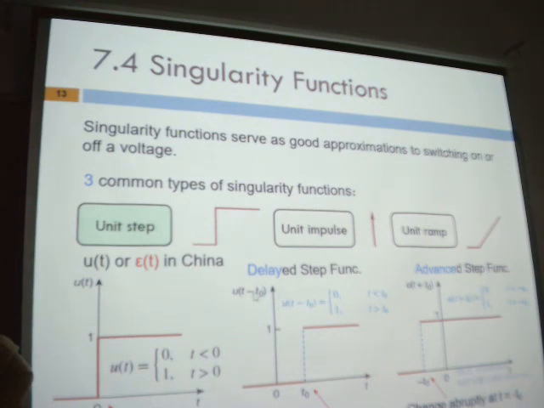That means if we subtract something, we move this figure to the right by t0. And if we want to advance, we need plus t0. That means we move this figure to the left by t0. Okay?